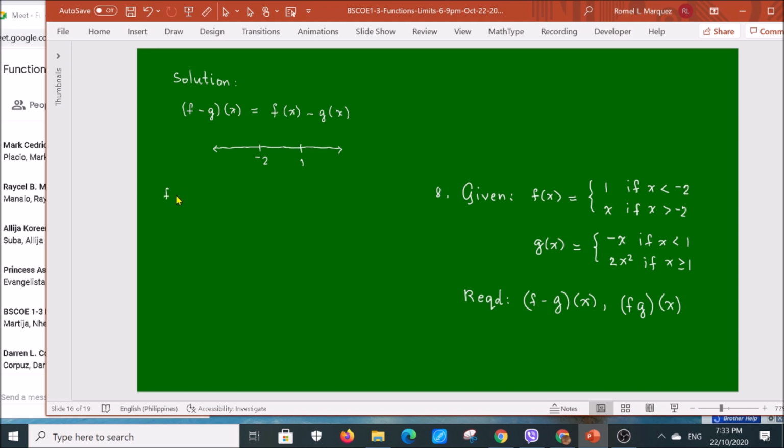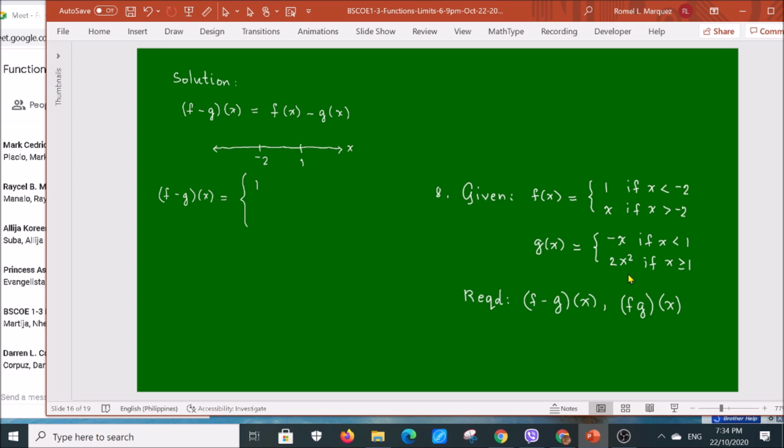So we now have f minus g of x is equal to, in the first interval, when x is to the left of negative 2, what is f of x? It is 1. So if x is less than negative 2, f of x is defined as 1 minus g of x.